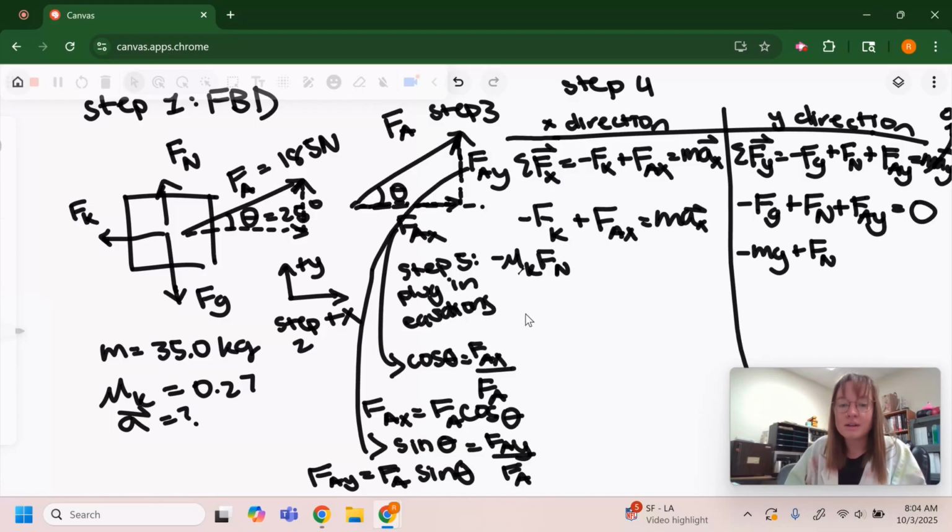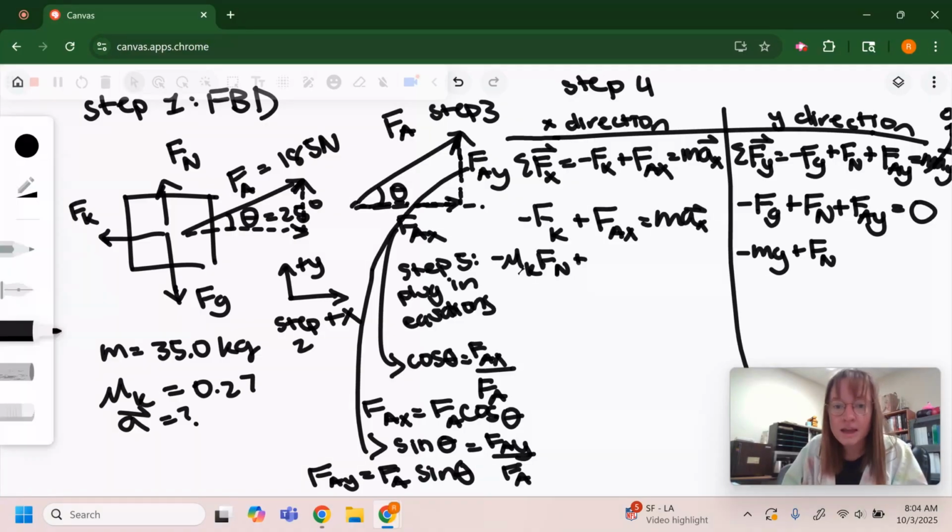I can then plug these back into our statements over here. So I can plug in here plus FA times the cosine of theta is equal to MAX. And here I can plug in plus FA sine of theta is equal to 0.